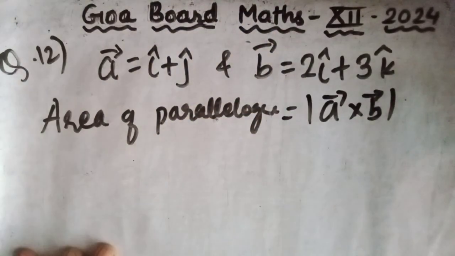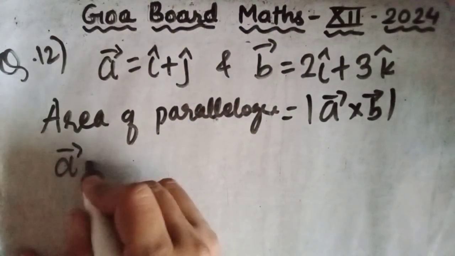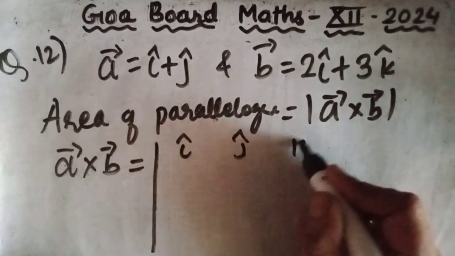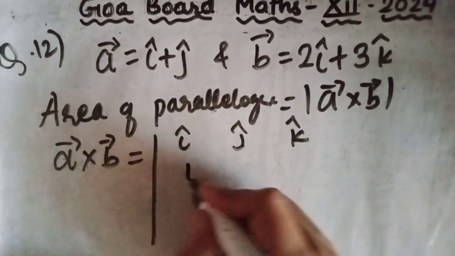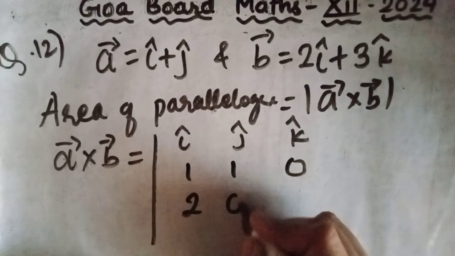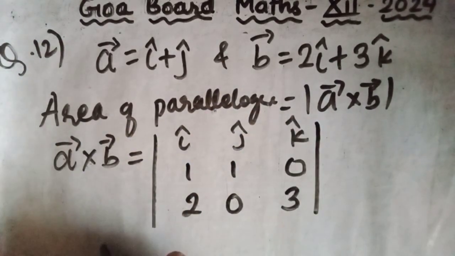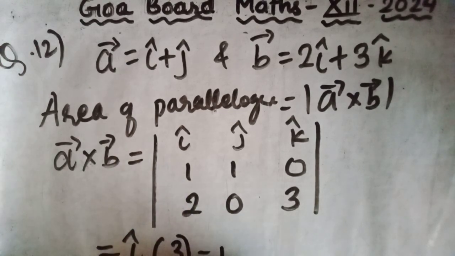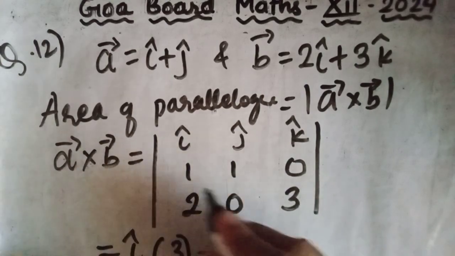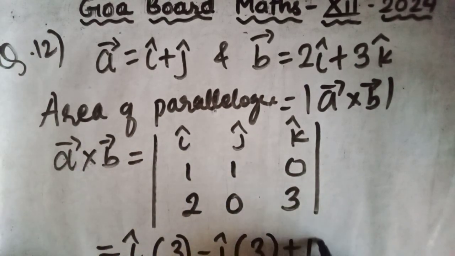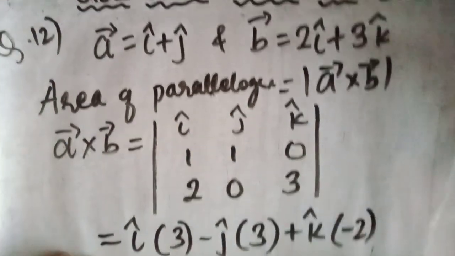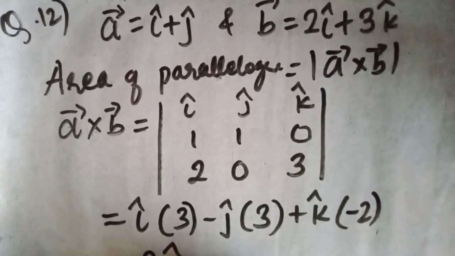So magnitude of a cross b is the area of parallelogram. So you have to find first a cross b. Okay, so a cross b is 3i minus 3j minus 2k.